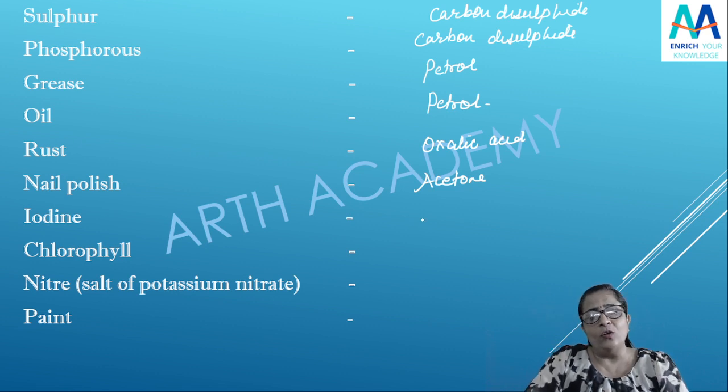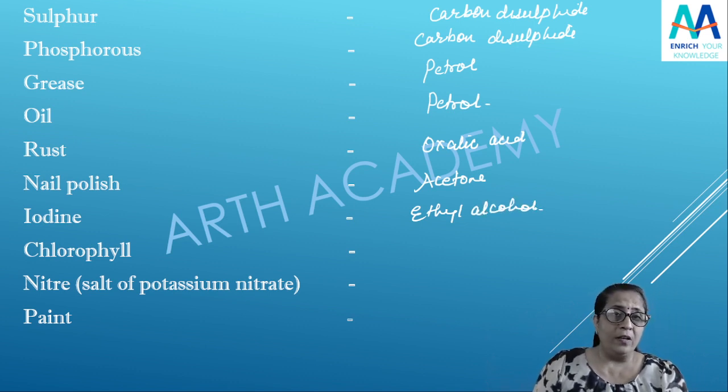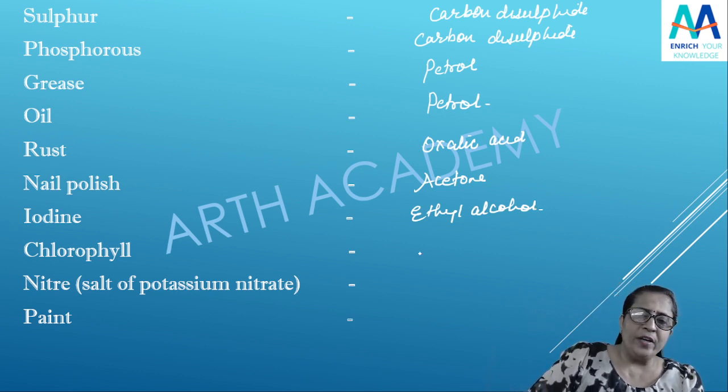Iodine in alcohol. So it is ethyl alcohol. Then chlorophyll, the plant pigment there. Here you can write it down: methylated spirit, this is also alcohol.